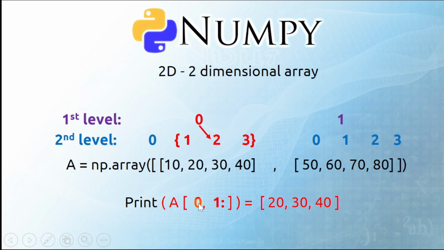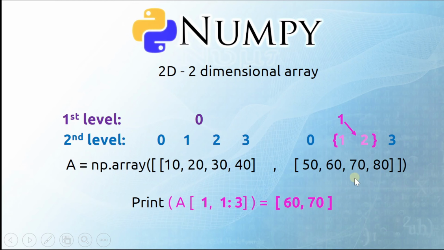So 0 is referring to the first level, which is this value here. It's like an element within this larger array. So in large, the first array is this one, the square brackets to the outermost. Then you have this, which acts as an element within that array, but it's an array itself. So 0, comma. Then within that second array, I need to get all the values starting from index 1 all the way to the end. So 1 colon would give you 20, 30, 40.